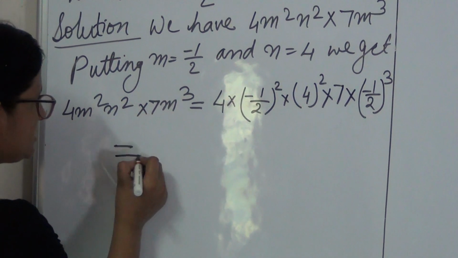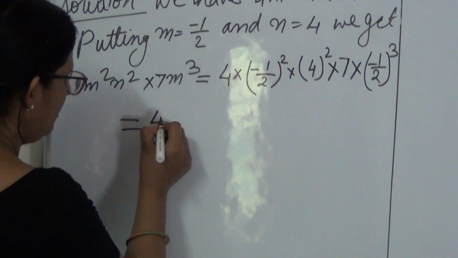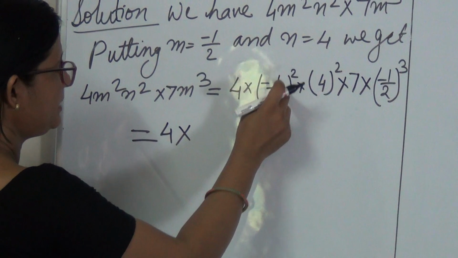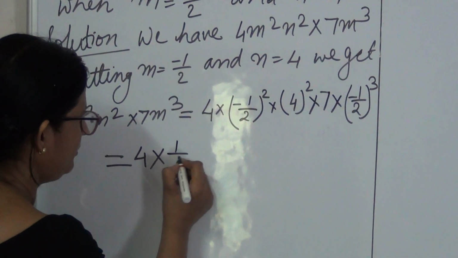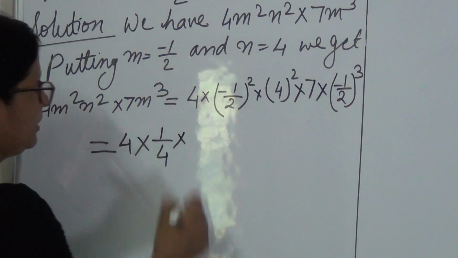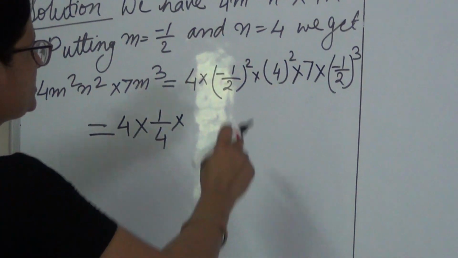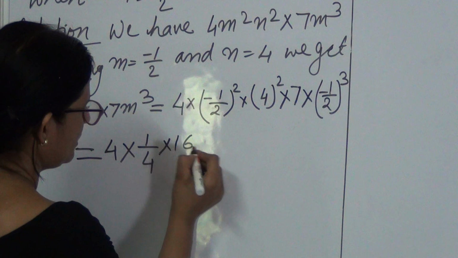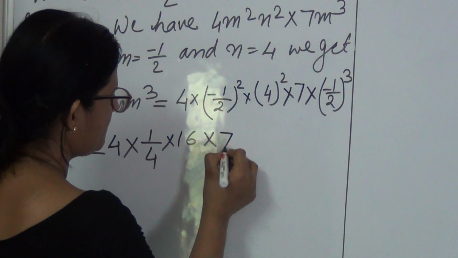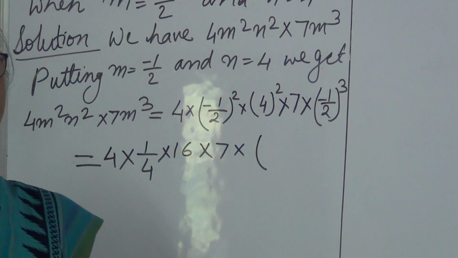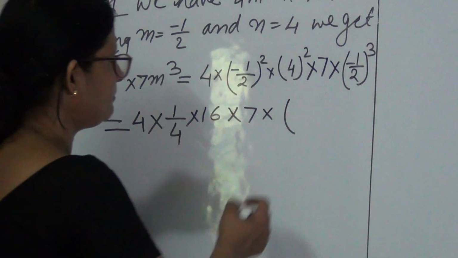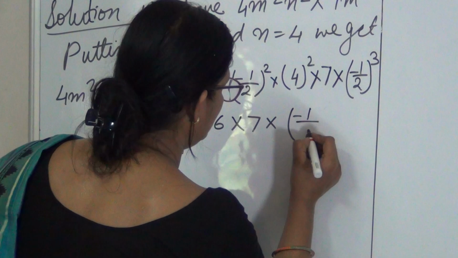Now let us solve this. 4 into minus 1 upon 2 whole square is equal to 1 upon 4. 4 square is equal to 16 into 7 into minus 1 upon 2 whole cube will be a negative number, minus 1 upon 8.